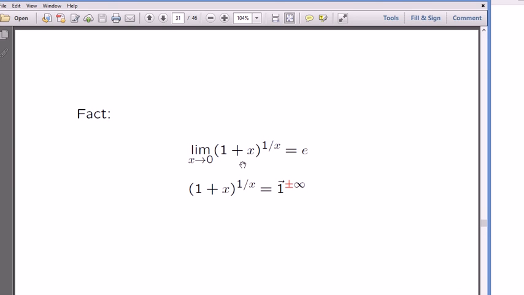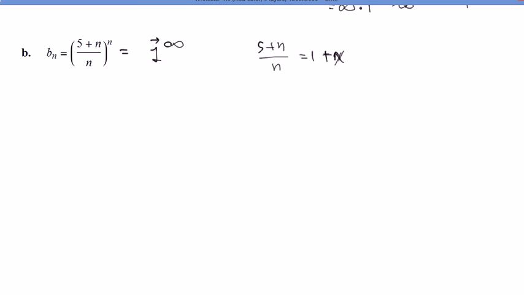Whenever I pull this expression out, I can call that one e. And that's the technique. All right? You recognize that. It is approaching 1. So can I just call it 1 plus whatever if it is approaching 1? Right? So what do you see? On the left-hand side, is it 5 over n plus 1 equals 1 plus x? Now it's clear what your x is, right? What is x?